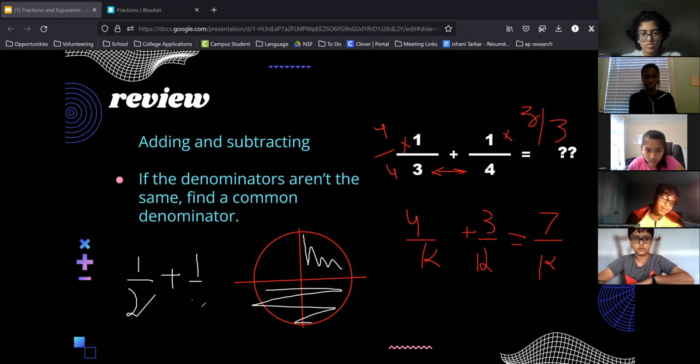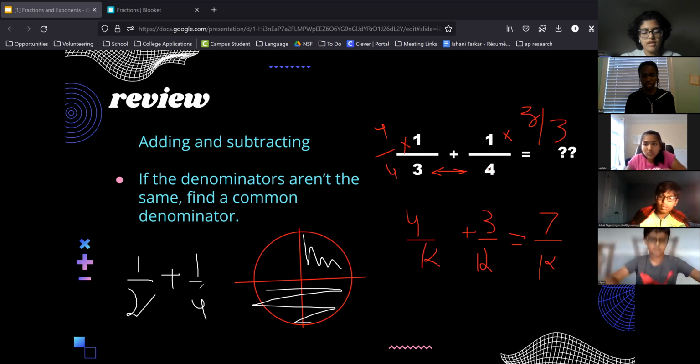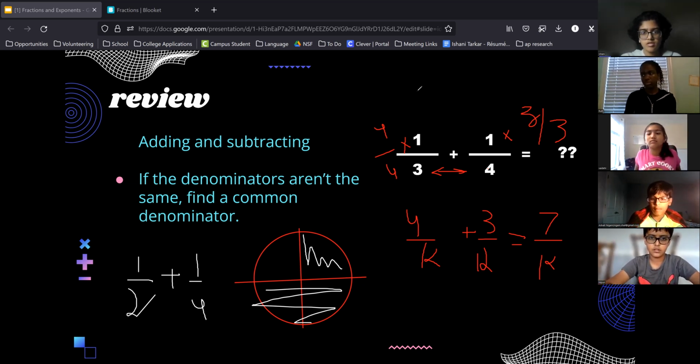It's not equal to 2 over 6 or something, which would be 1/3, right? It's equal to adding those pieces, but making sure that the total number of parts is equal, right? So because the denominator is the number of parts we're dividing the whole into, it doesn't actually add up. We're only adding the numerator, so that makes sense.